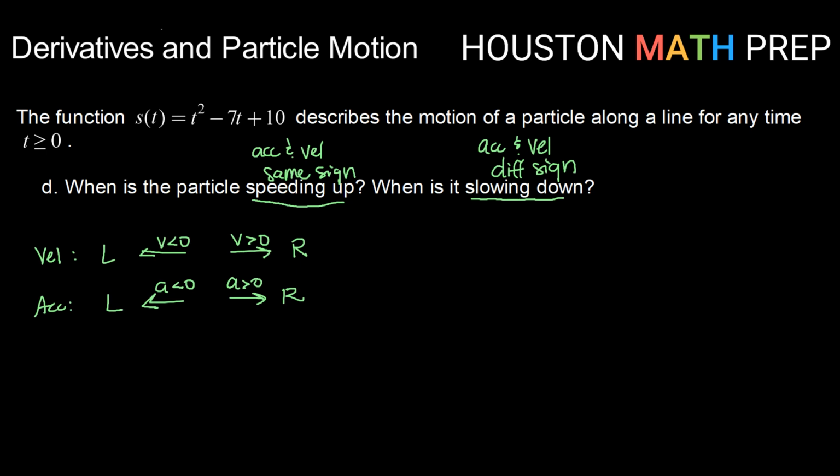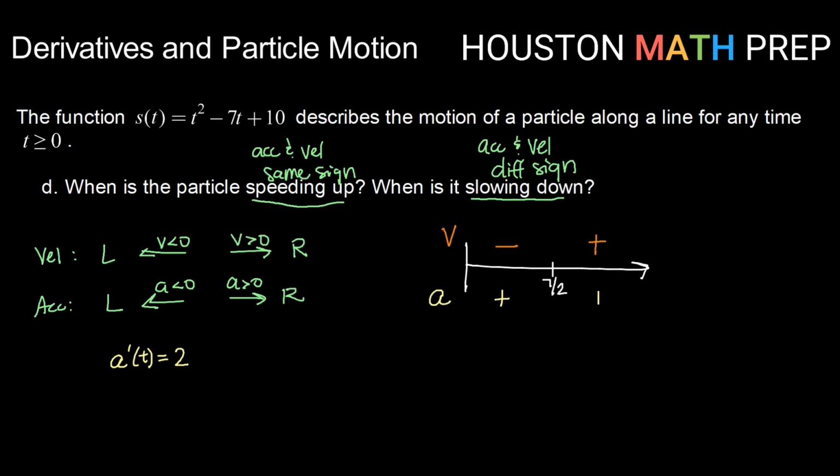So for our little particle, let's figure out what's happening. Well, we had 7/2 as our critical number for velocity, and we found that we were moving to the left between 0 and 7/2, and then we were moving to the right after that. Now remember, from the last screen, our acceleration function was 2. So 2 doesn't give us any critical numbers. Our acceleration is constantly positive.